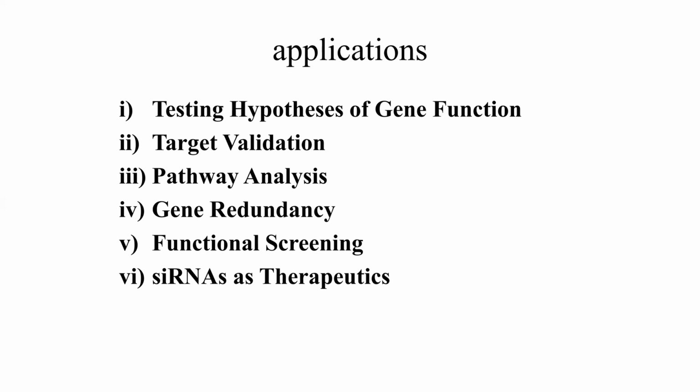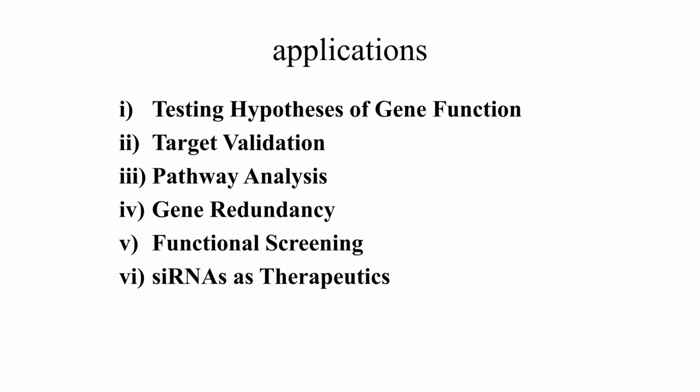Maybe in the pathway you have 10 proteins. You can start from protein A, design RNA interference, inhibit it, and then you monitor that particular pathway. Then you move to B, C, and D. And from there, you will be able to understand how those proteins are important in that particular pathway.